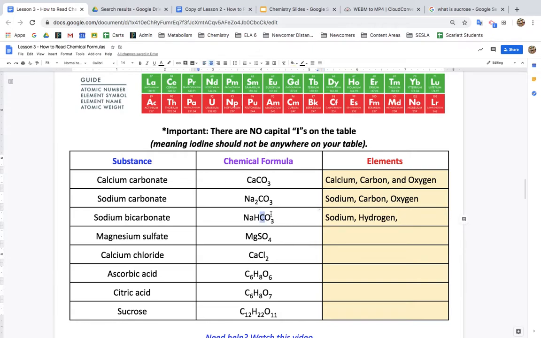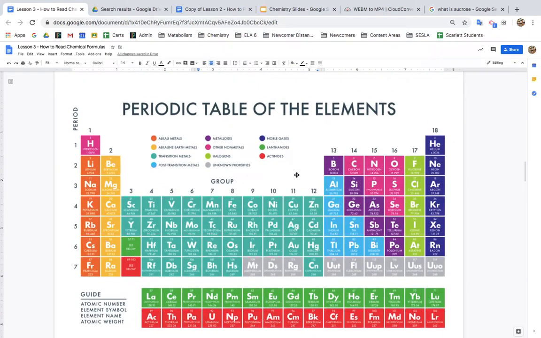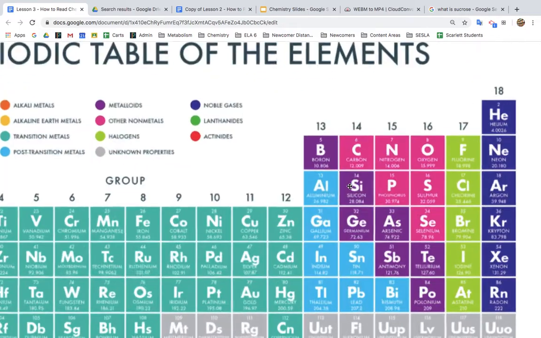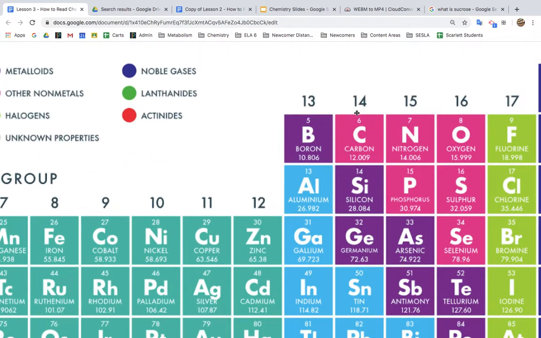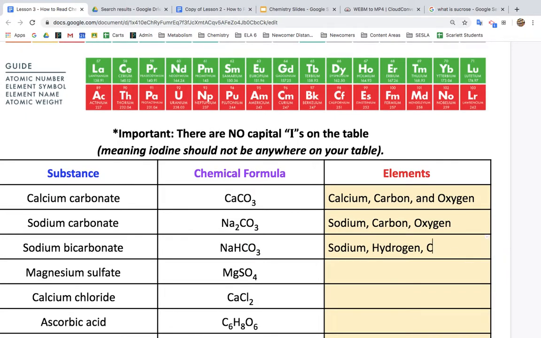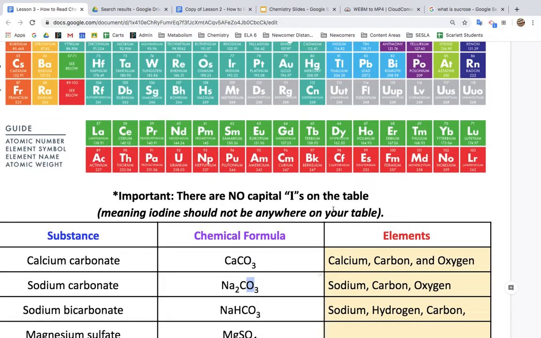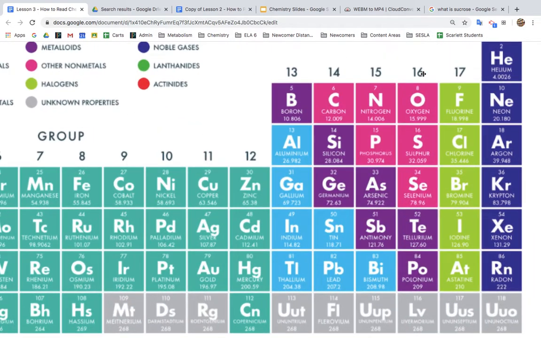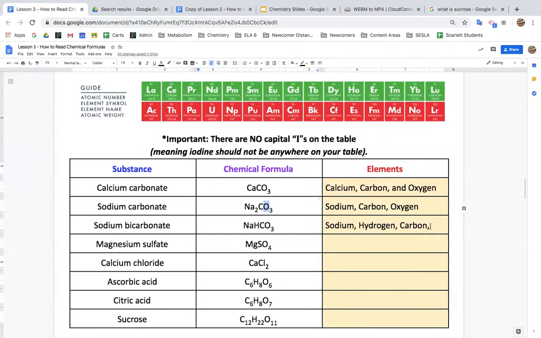Now I've got C. Let's look. C is carbon. And then I have O, which we remember from here is oxygen, but I can double check. O, oxygen.